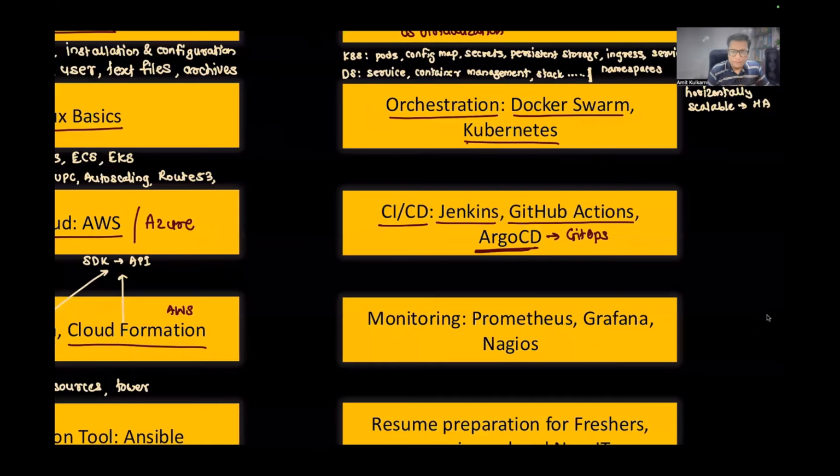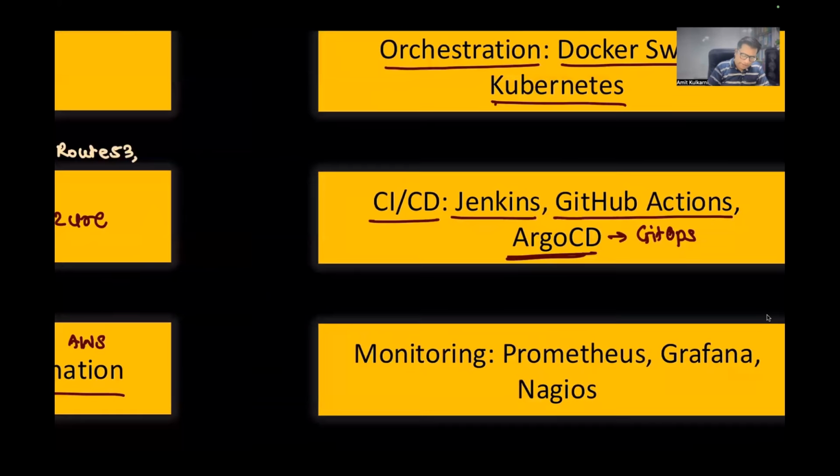You have to deploy the application automatically by using Argo CD, which is also very popular. Here CD stands for continuous delivery or continuous deployment. Now, when it comes to CI/CD, we'll first understand an important concept called the pipeline. A pipeline means a sequence of stages.